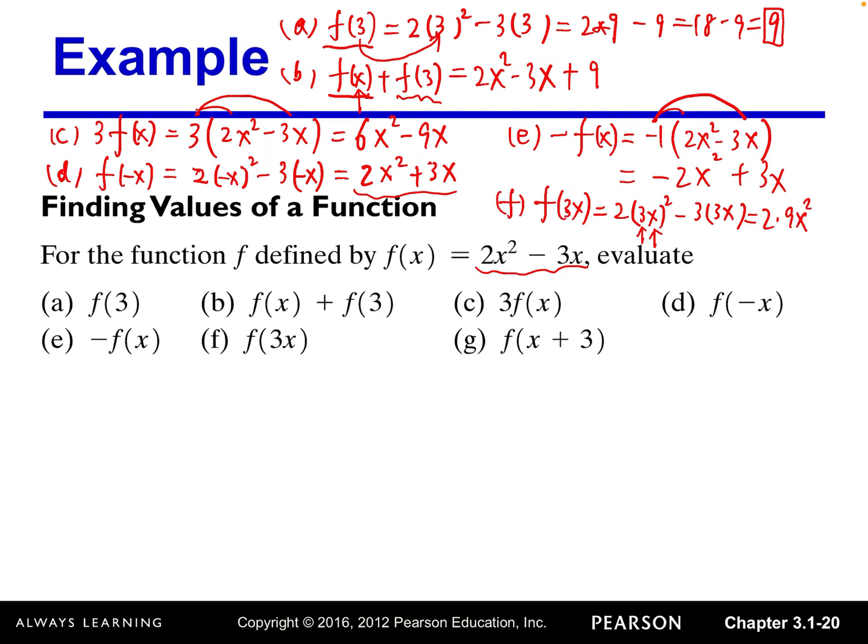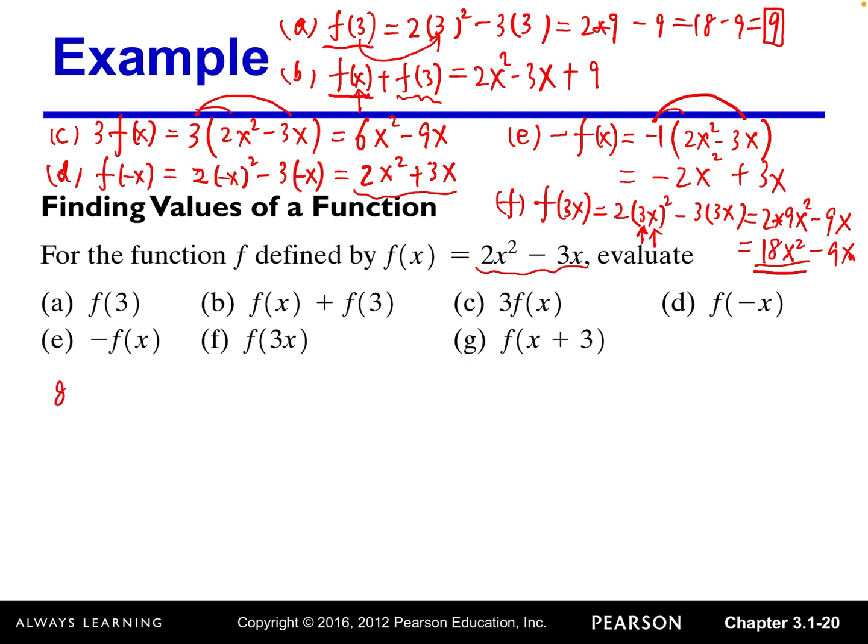That's 9x squared. 2 times 9x squared, and then minus 3 times 3x, that's 9x. So finally it simplifies to 18x squared minus 9x. Here is a common error: students often forget the 3 also needs to be squared. So that's 9x squared times 2, which is 18x squared. This term is easy to make mistakes on.